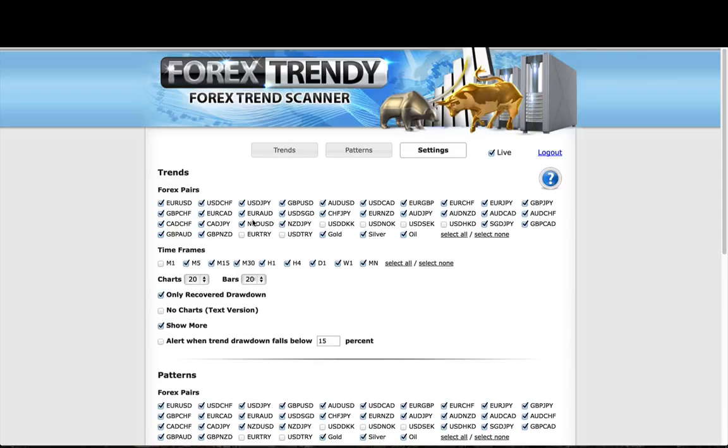But what this really does as a tool is allow us to, it will automatically scan all those different instruments in all those different time frames and tell you when one is trending right now. Now, if you think of it, that's perfect for a scalper, because a scalper, we're looking to grab pips now.